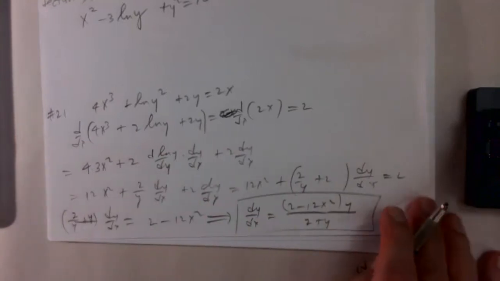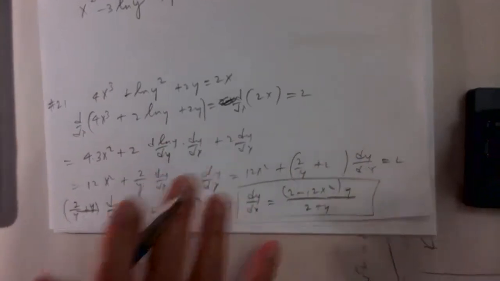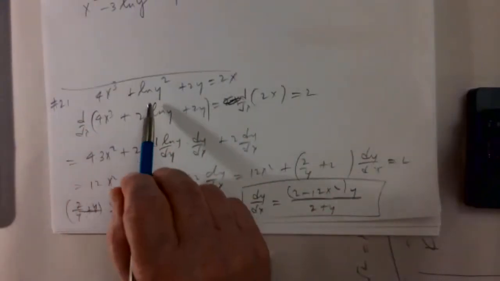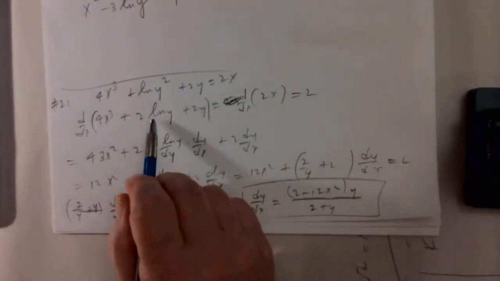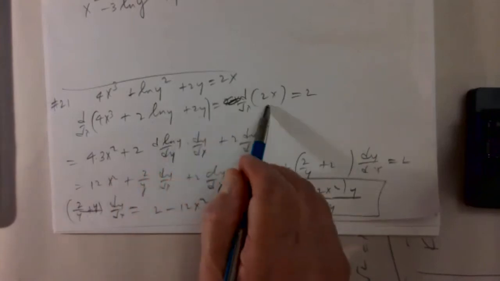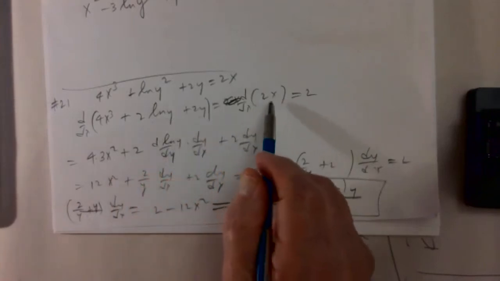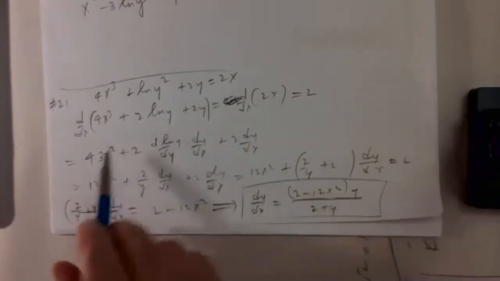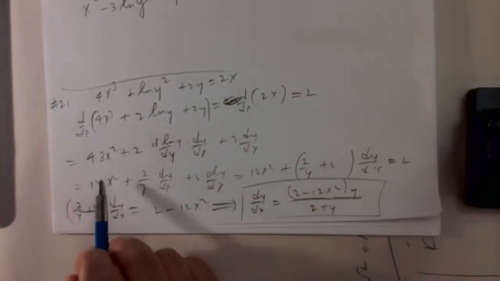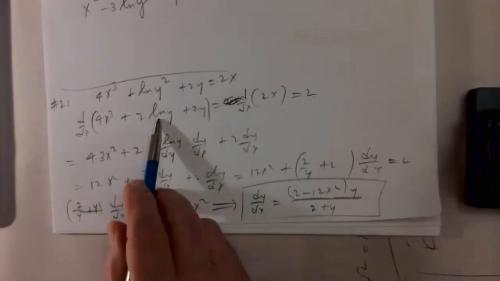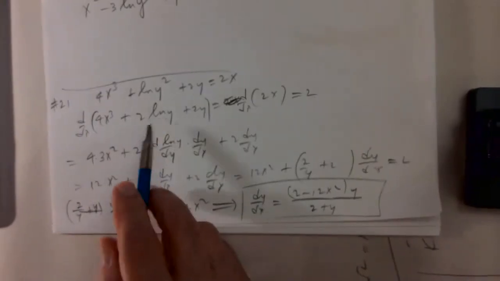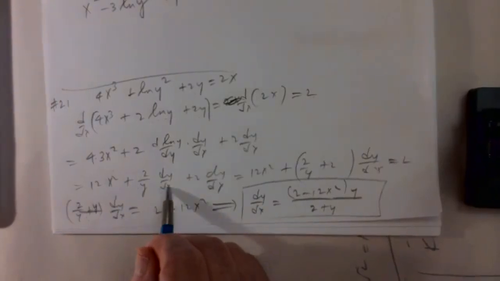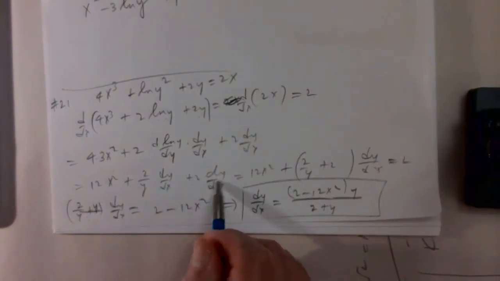So there's a little bit of algebra here. Let me get through it again. 4x cubed plus log of y squared, which is 2 log y, plus 2y equals 2x. If you differentiate with respect to x, on the right-hand side you just get 2. On the left-hand side, this is 12x squared, and you differentiate this to get 2 over y dy/dx plus 2 dy/dx.